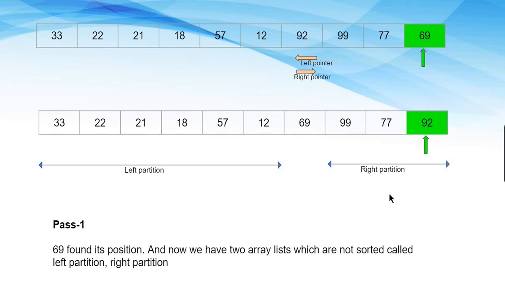This whole process will continue until there are no partitions, and at that time the list will be in sorted order. As mentioned, in pass 1, 69 found its position, and now we have two unsorted lists called the left partition and right partition.